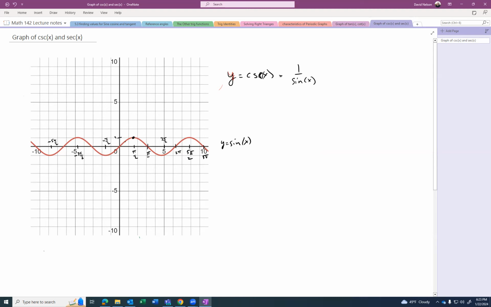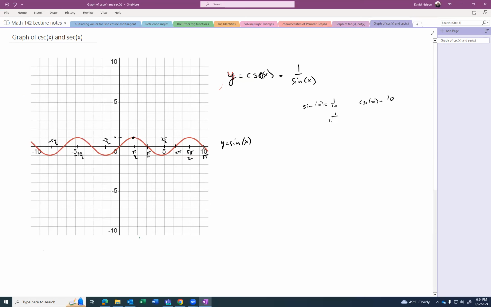As I move from that point to the left, the sine value gets smaller and smaller. If the sine of x is equal to 1/10, then the cosecant of x would equal 10. So when the y value is down here at 1/10, the cosecant value would be 10.